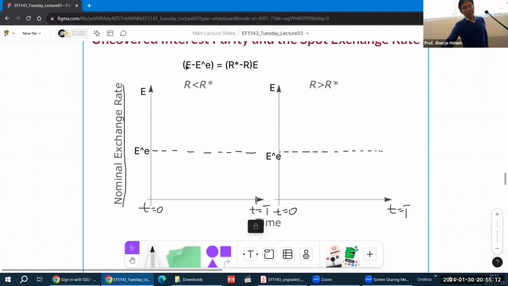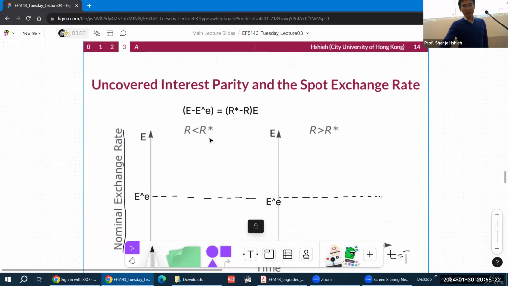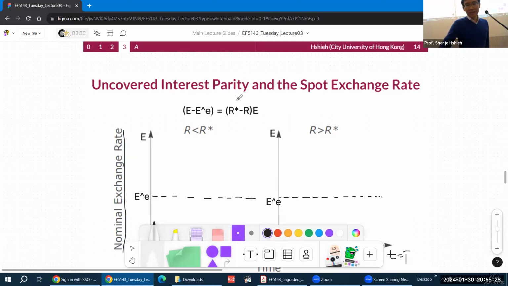Given this equation that I wrote here, let me step back a bit. We can rewrite it this way, we just move some terms around. And we're looking at the scenario in which R star is greater than R. If this side is positive, which is what this is saying, then this side must be positive. So what does a positive value here mean?